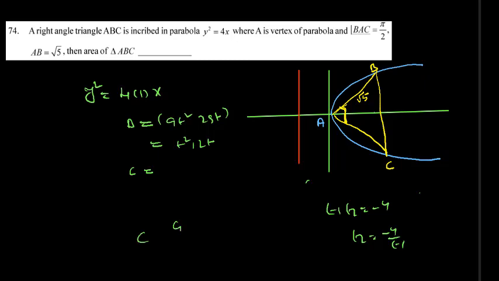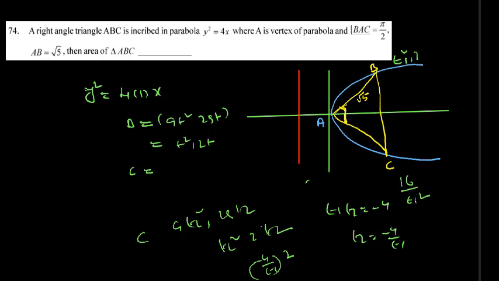C is (at2 square, 2at2), so (t2 square, 2t2), because a is 1 here. Instead of t2 square, I can write (-4 by t1) whole square, that is 16 by t1 square.